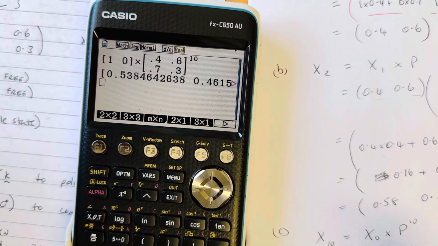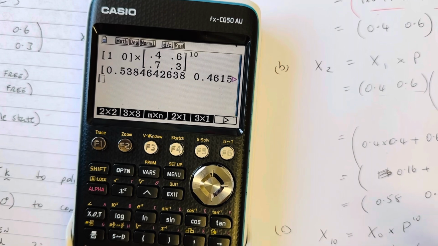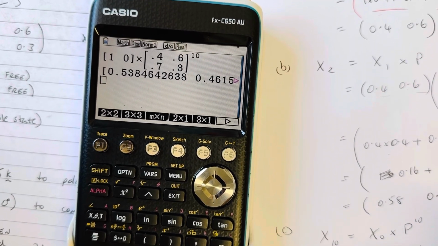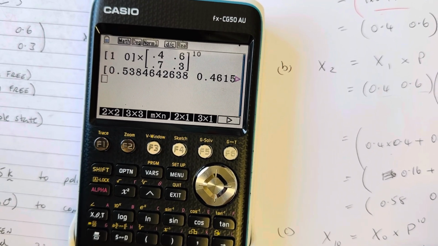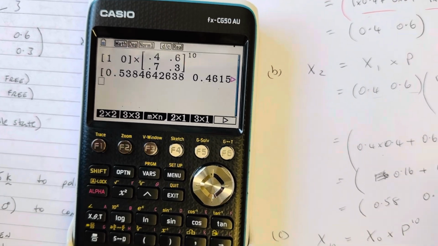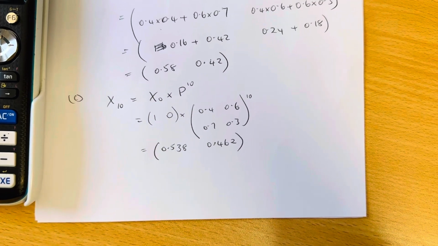Execute, and we are going to get 0.538, 0.462. Probably round that 5 up. And that's how we do it for x10.